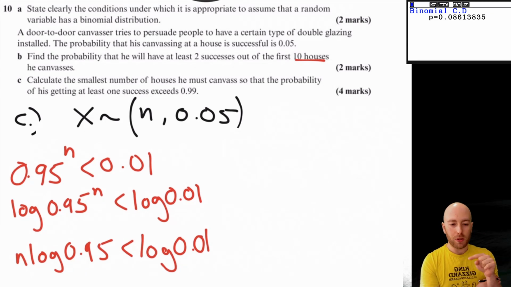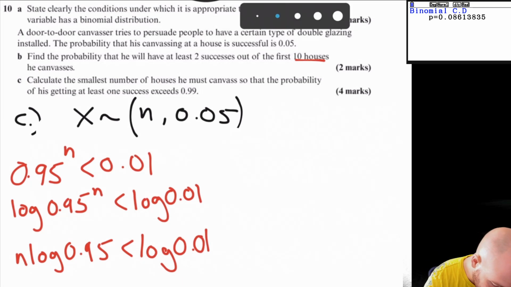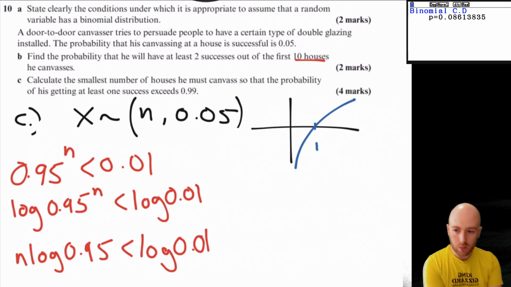Is log of 0.95 positive or is it negative? Have a think. So I'm going to divide by it, but do I need to swap the sign of my inequality? And you can do it with a sketch if you like. You can do a quick sketch of log. So log crosses at 1. So is log of 0.95 positive or negative?